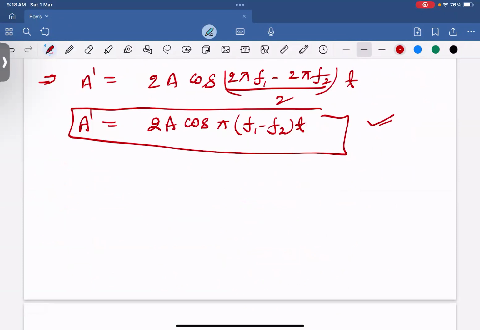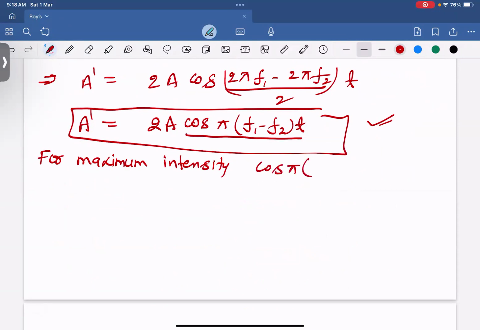Now for maximum amplitude or maximum intensity, because yesterday I told that intensity depends upon amplitude, this cos term, cos pi (f1 minus f2) t, should be plus minus 1, और ये 1 मिलता है आपको 0 पे, पाई पे, 2 पाई, 3 पाई, 4 पाई, 5 पाई, 6 पाई, यानी इंटीग्रल मल्टीपल ऑफ पाई.